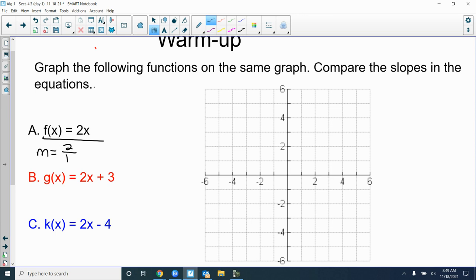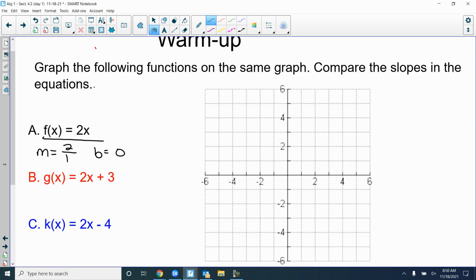What's my y-intercept? 1? If it was 1, it would have to say 2x plus 1. Okay, so if it was 1, it would have to have that plus 1. Lucas? 0. There's nothing there. There's really a plus 0 there. So my y-intercept, or my b, is 0.